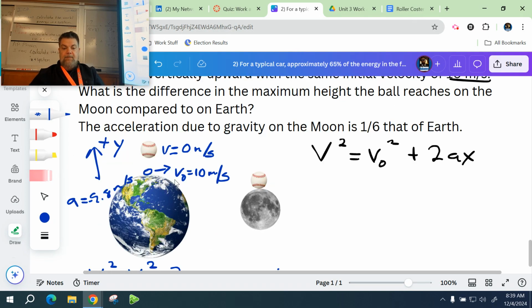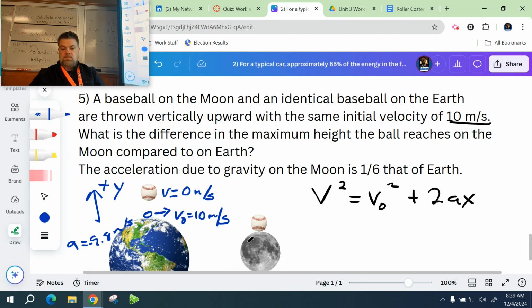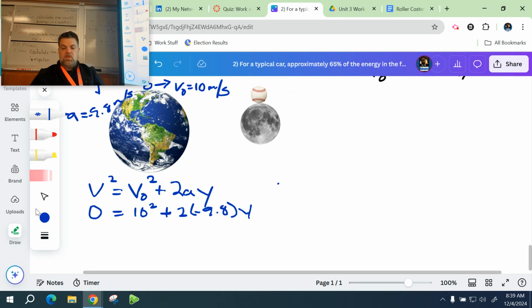All right. So I got 0 here. Okay. I've got 10 squared here plus 2 times negative 9.8, right, times y. Is that good so far?